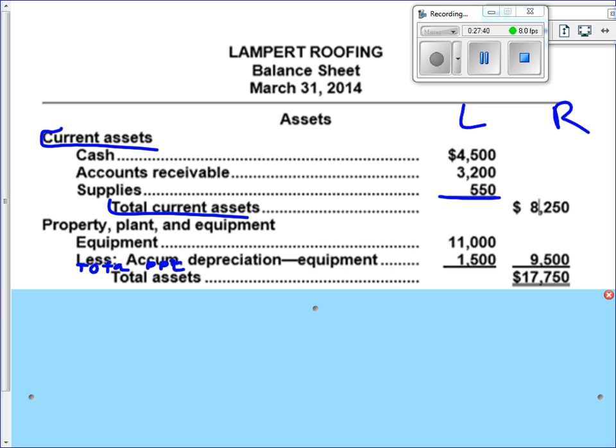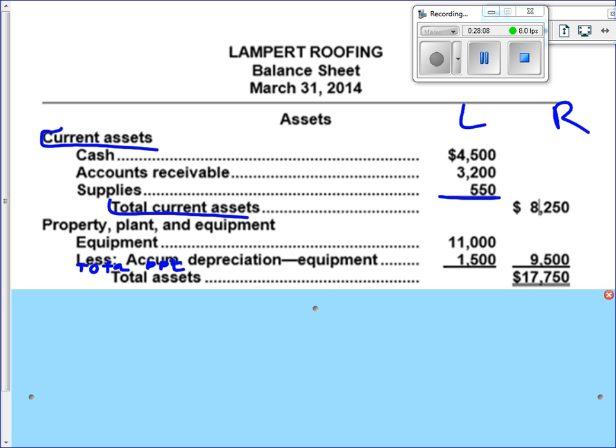That's why they did it that way. What number are we shooting for on the bottom half of this thing? 17,750. If you were pulling just the capital number, it would not work. You have to do the pluses and the minuses. The reason they wanted you to do the other financial statements is because that's how you get the number. But we're just going to dig for the number ourselves.